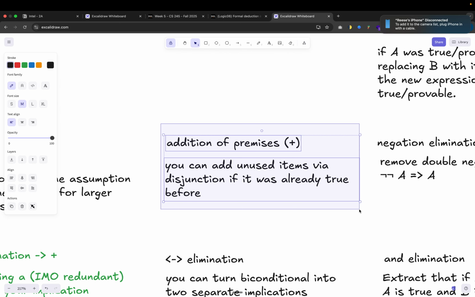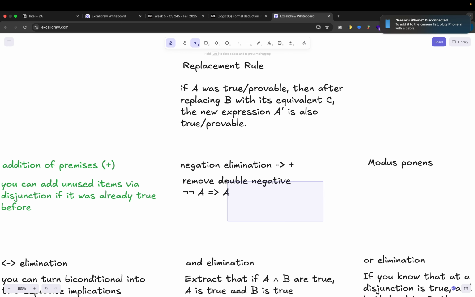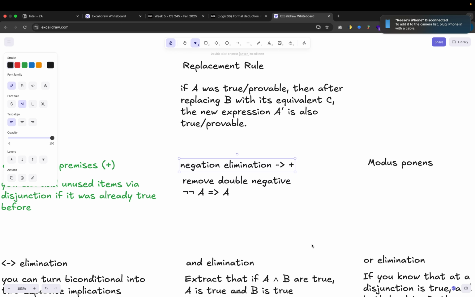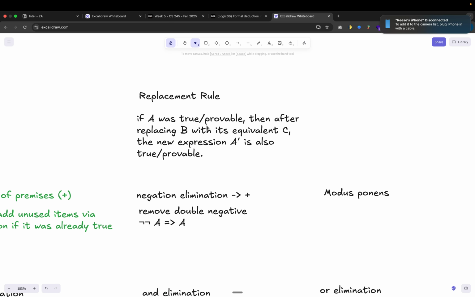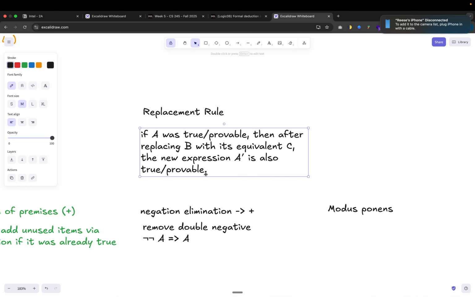Addition of premises, wait, we did that. Negation elimination is removing double negatives. The replacement rule, I've never used this before. I might need to look into that.